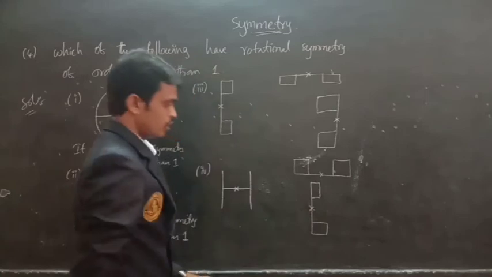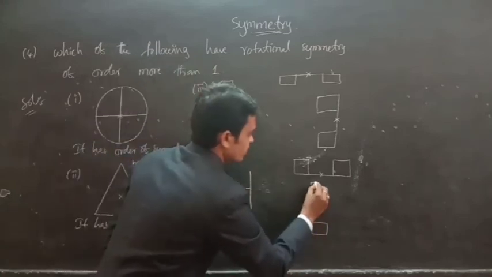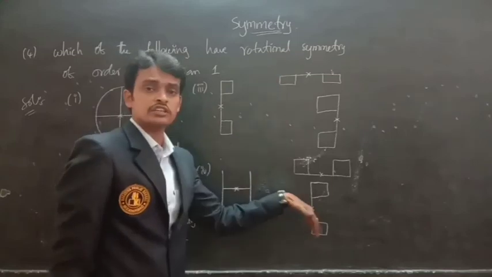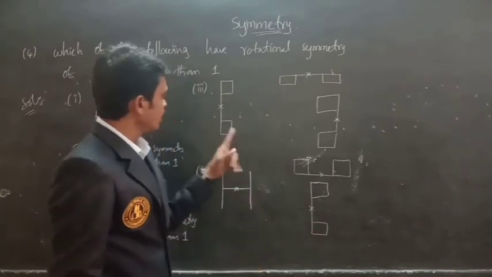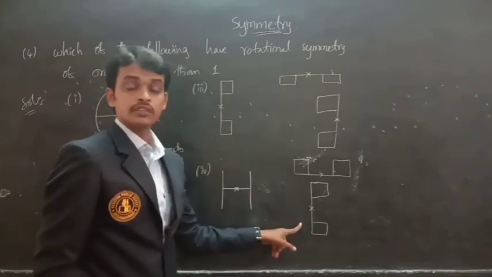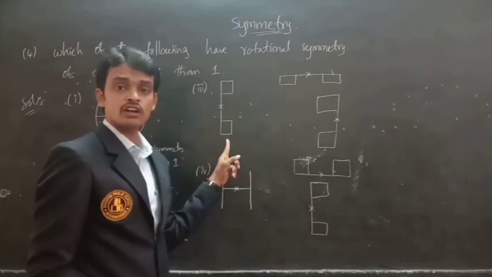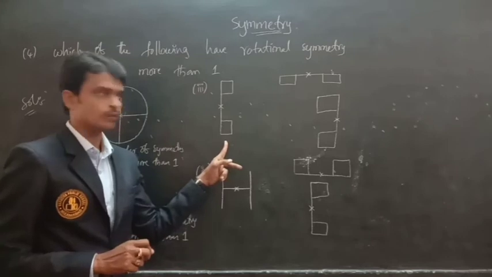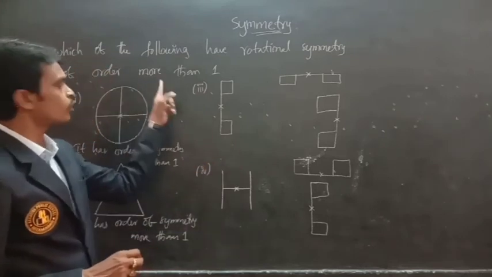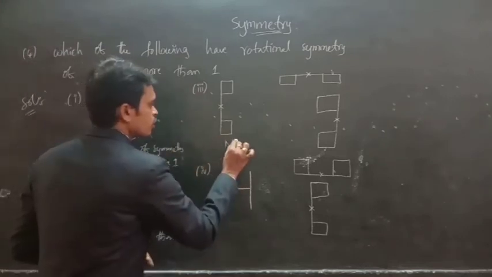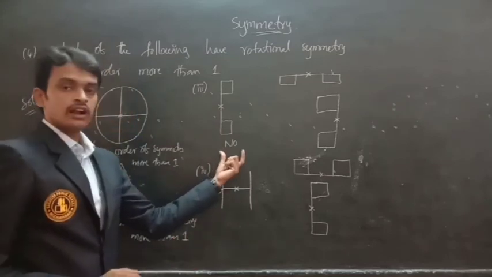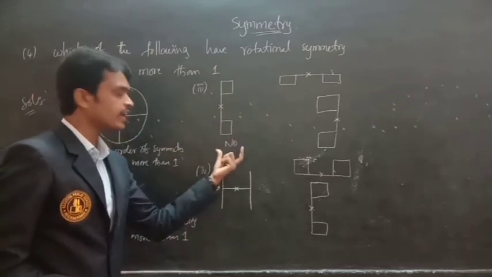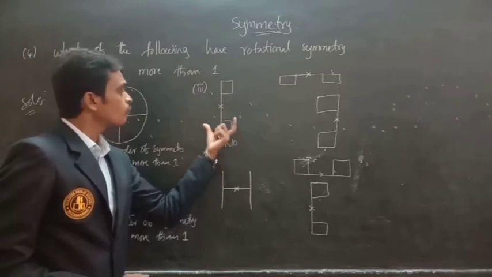After rotating 360 degrees, a complete rotation, it coincides with itself. Then this figure has an order of rotation of 1. So no, this figure does not have an order of rotation more than 1. Why? Because this figure has an order of rotation of 1.